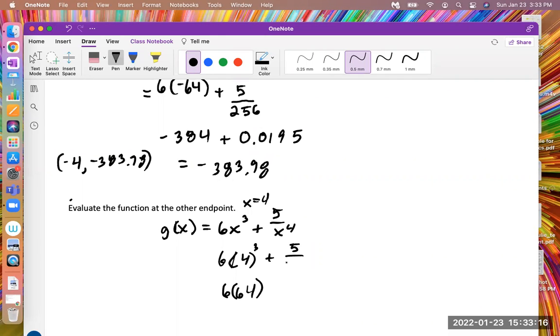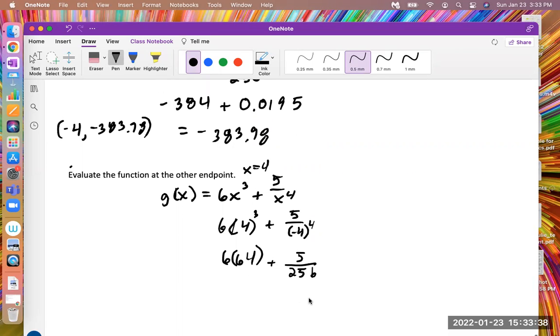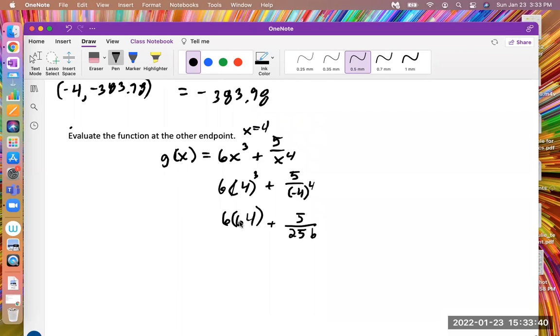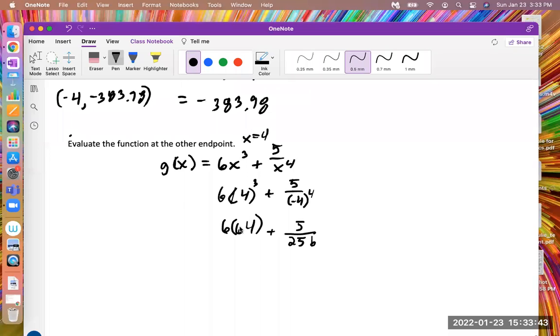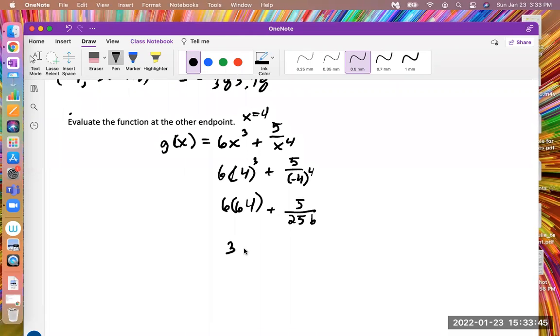And I can see that this is still going to be 256, because whether I take -4 and multiply it by itself 4 times or +4, it's still going to be the same answer. And then this is going to multiply out to be the same number, 384, but positive. And it's just going to be +5/256.